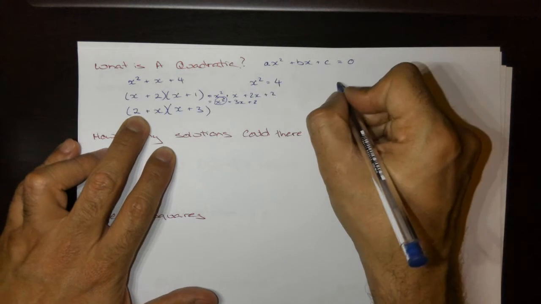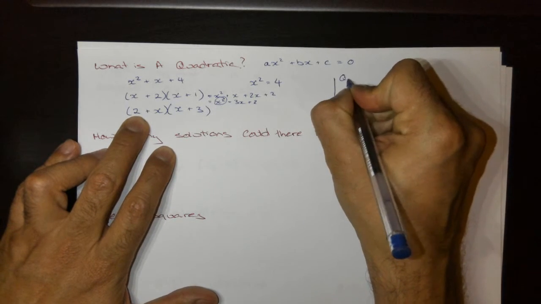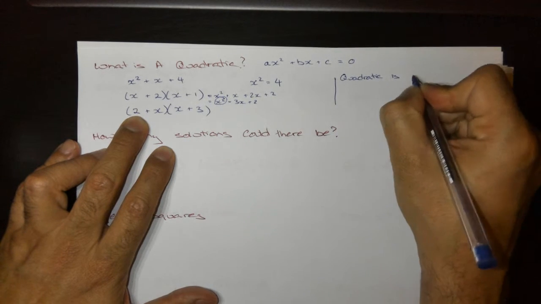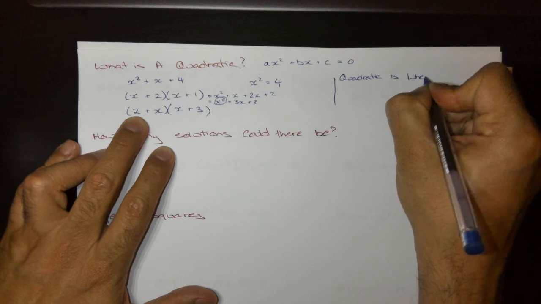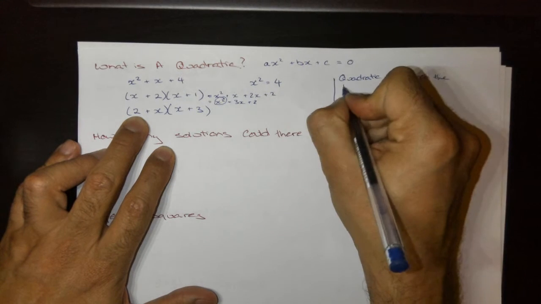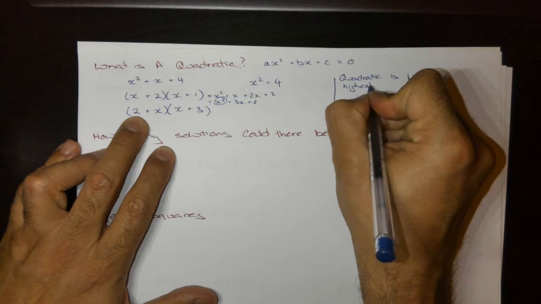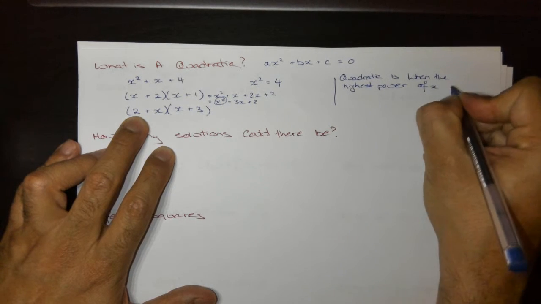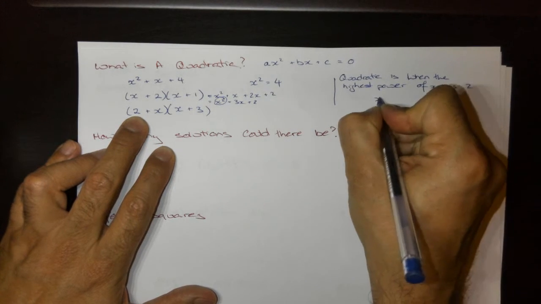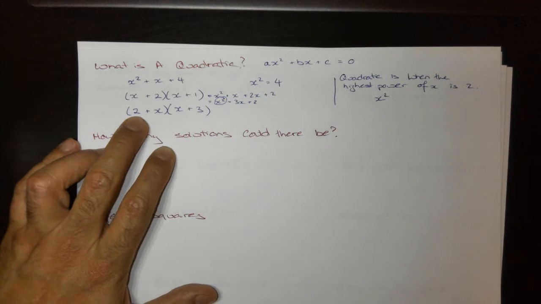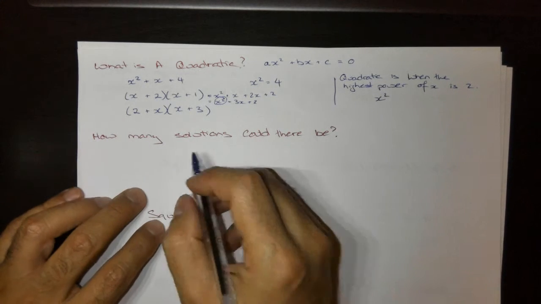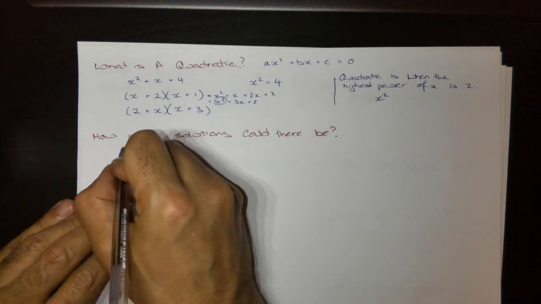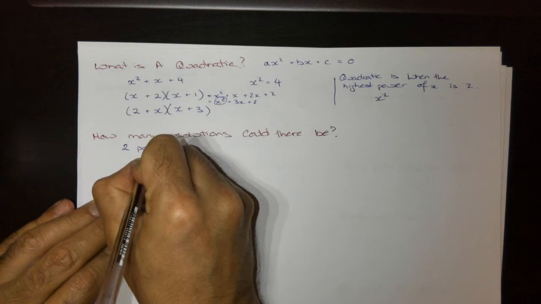So what makes a quadratic is when the highest power of x is 2, when you see an x squared and not more than that. Alright? Because it's a square, we could have two possible solutions.